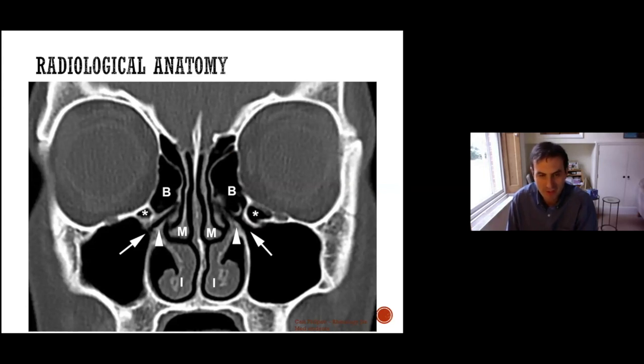So again, maybe using the chat, you can write down anything that you think is clearly labeled on that coronal section. Some of the clues are in the lettering there. Particular brownie points if you get the asterisks.